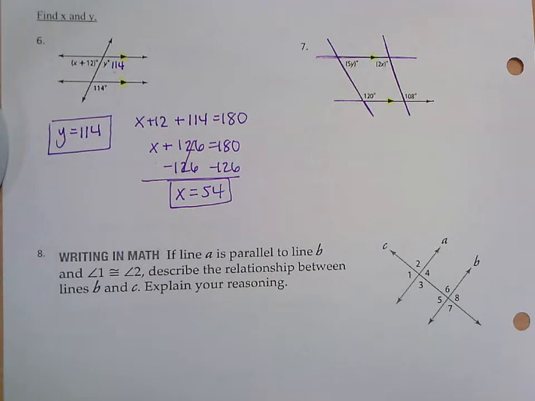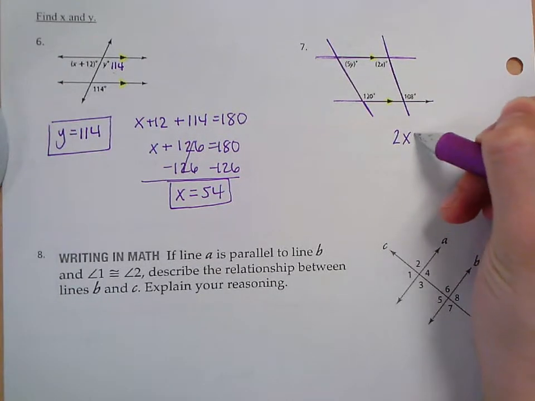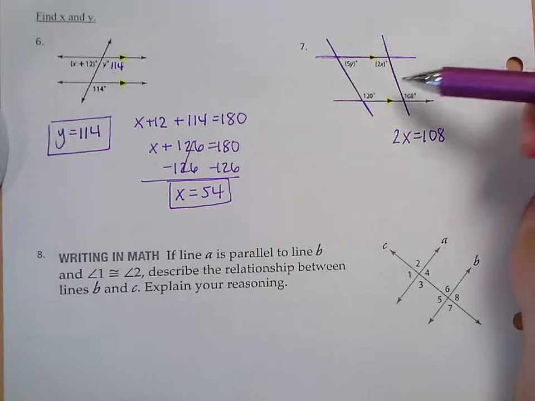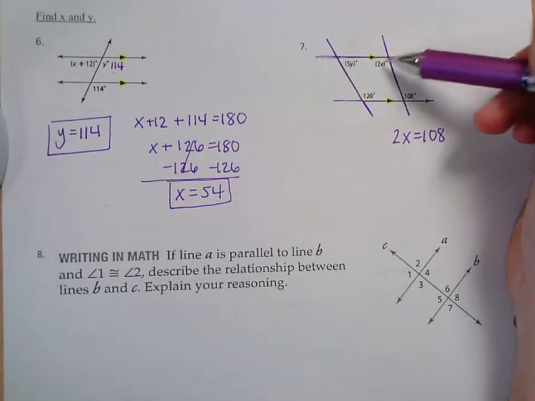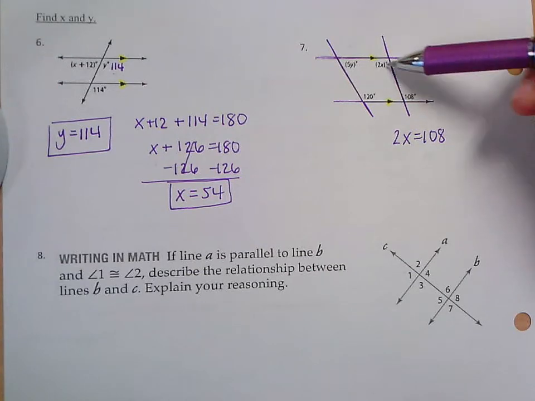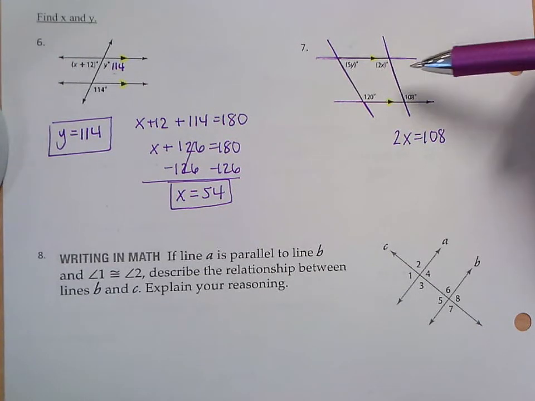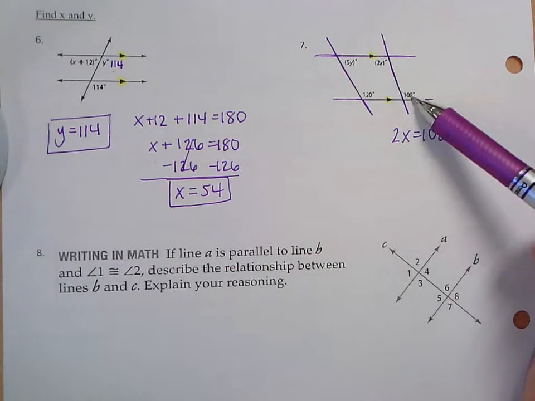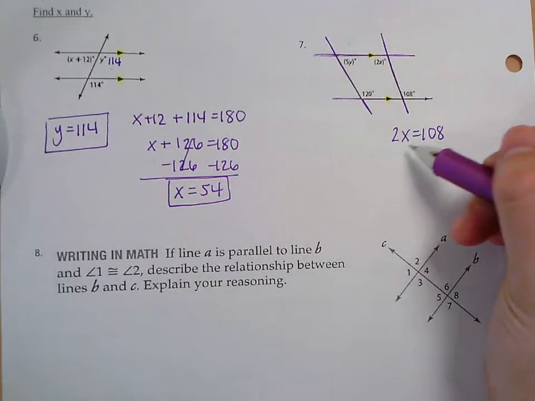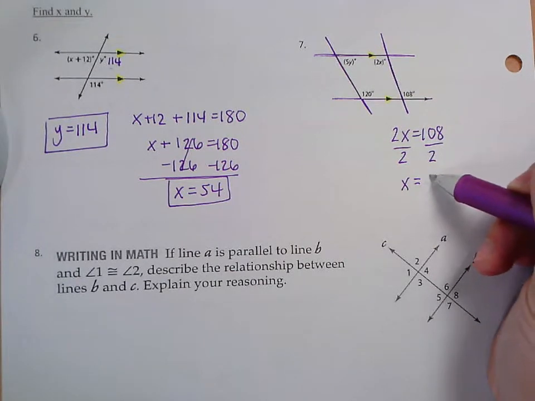What did you say, Lily? Okay, why? Yes, these are alternate interior angles. So they are congruent. Okay, so you can set them equal to each other, and then we can divide by 2 to solve for x. So x should be 54.